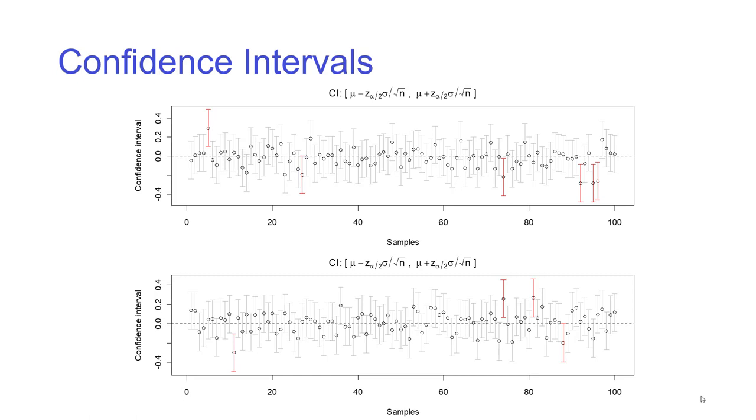What I've done here is created normally distributed data with a mean of 0 and a standard deviation of 1 or 0.1. What you're doing here is calculating the confidence intervals. First thing to point out is almost none of the circles fall on the 0 line.